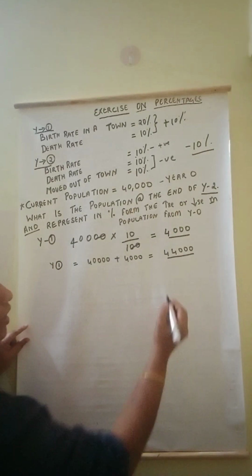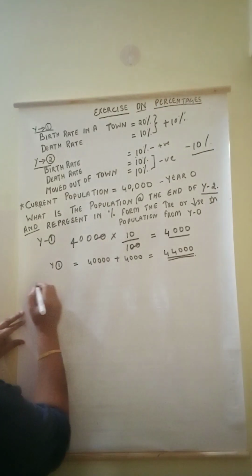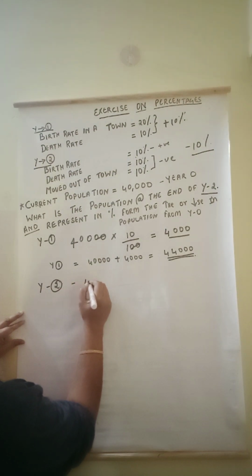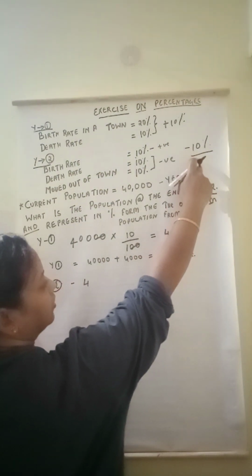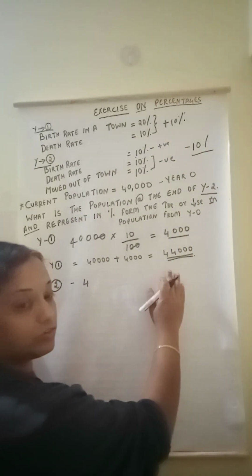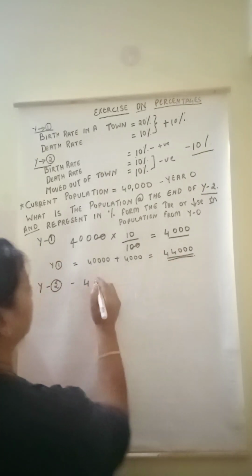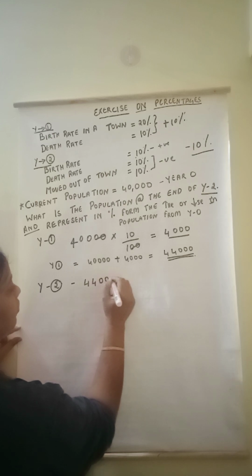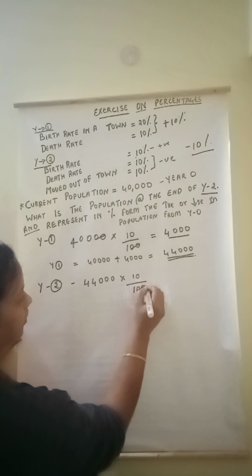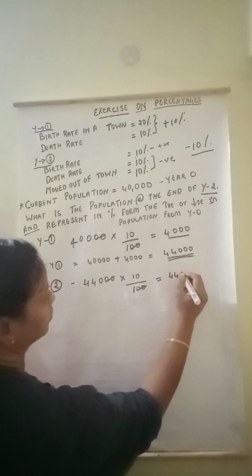At the end of year 1, you have the population as 44,000 people. So again, in year 2, what happens? We have to find this dip of 10% of 44,000, because already in year 1 the population has increased to 44,000. So we find the 10% of 44,000. How much does that come? 44 followed by 2 zeros.